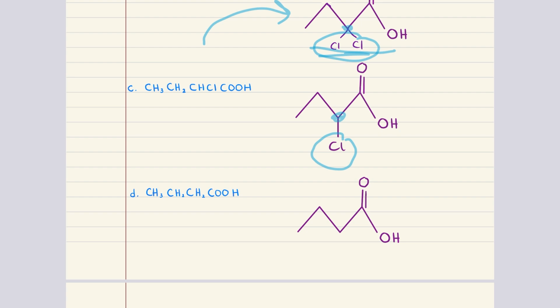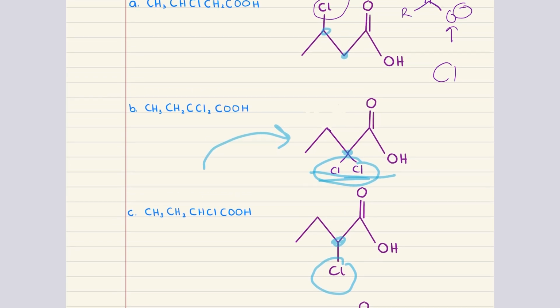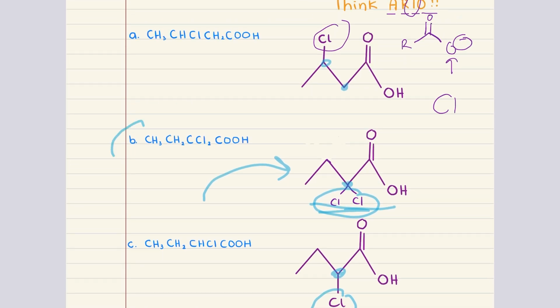It's going to have the least stabilization and therefore the lowest acidity. So putting all of this together, B is the correct answer. It has the greatest inductive stabilization because it has 2 chlorine atoms placed directly next to the carboxyl group.